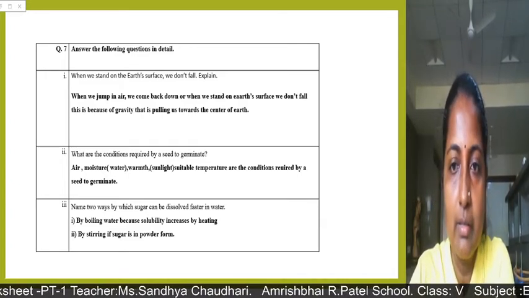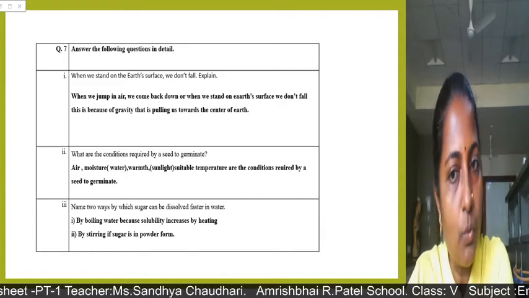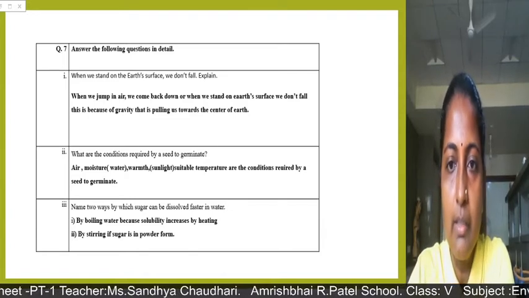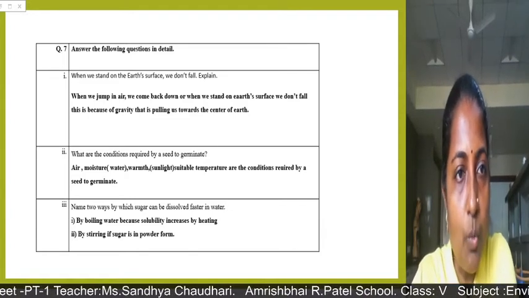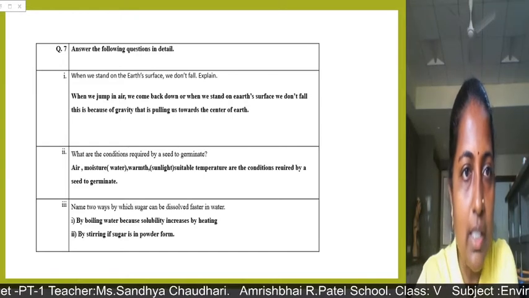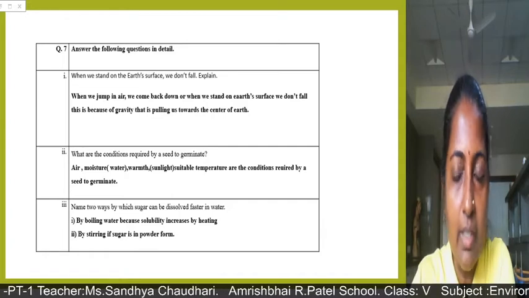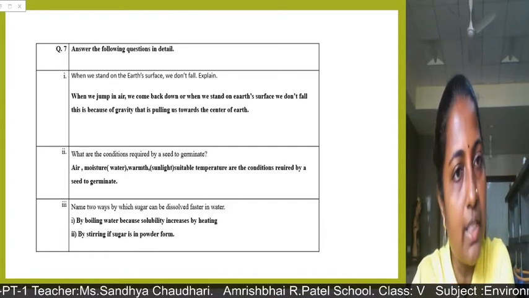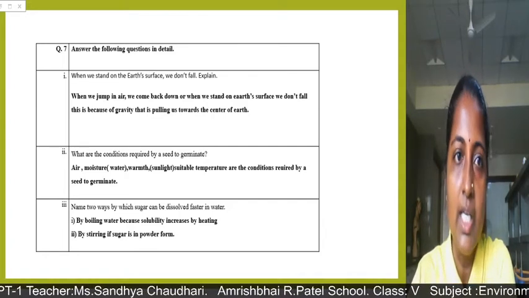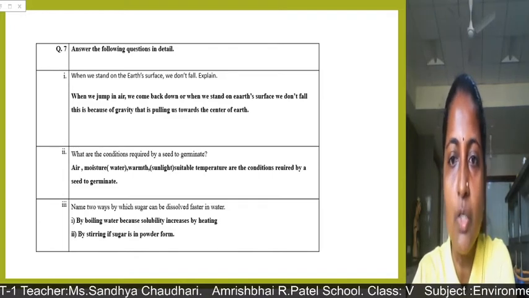Definitely you don't have to write the questions in the examination. For example, suppose the question is, answer the following questions in detail, question 7. So if you are writing the answer, you have to write question 7. If it is given in number, you have to write it in number. If it is a Roman number, you have to write it in Roman number.